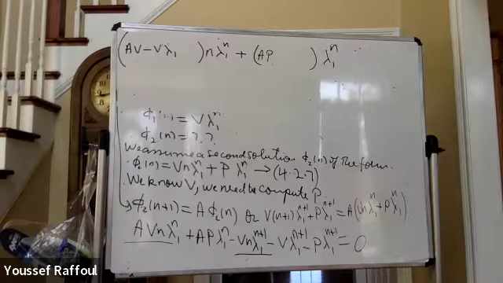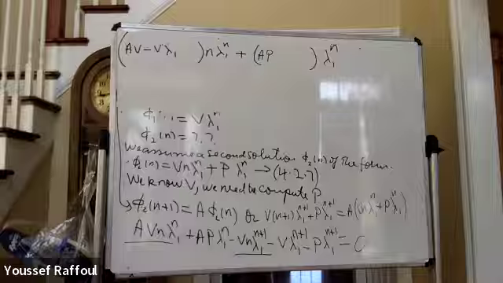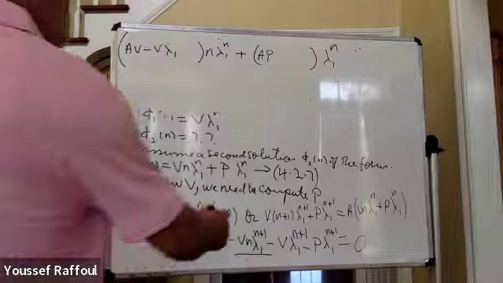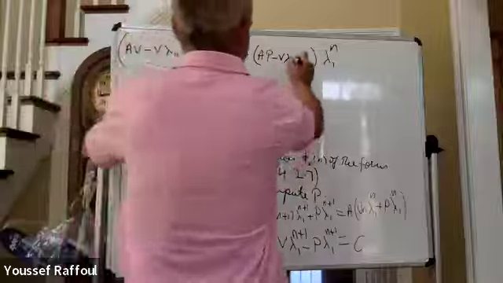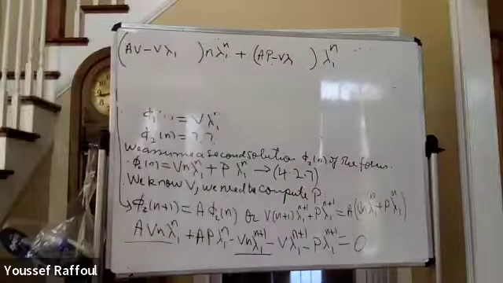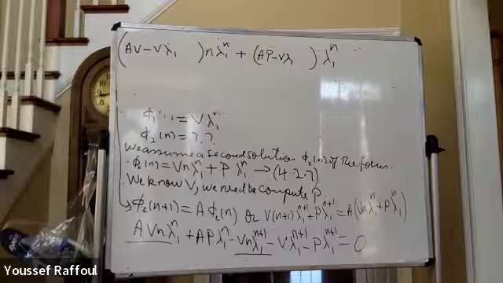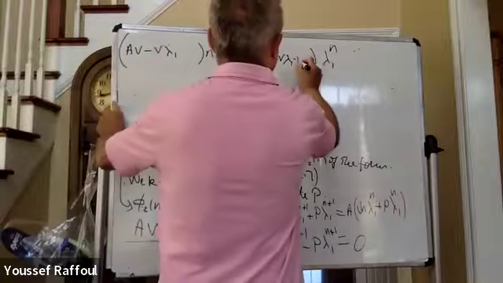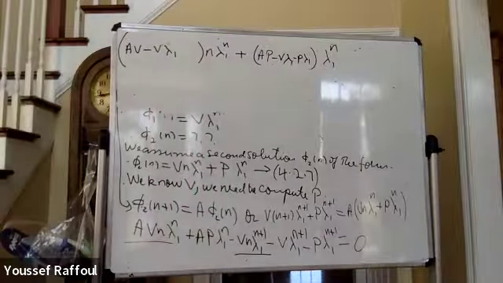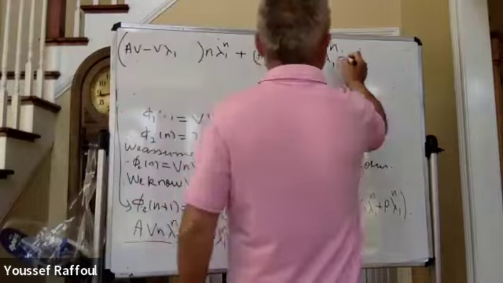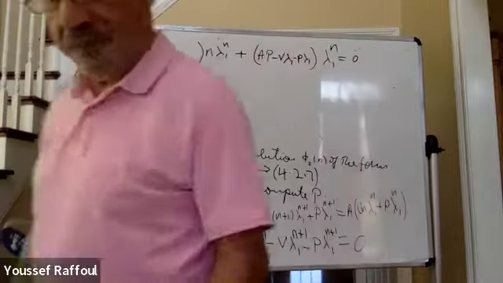Did I miss something? Oh, A P minus V lambda 1 minus P lambda 1, and that is equal to 0. Okay?